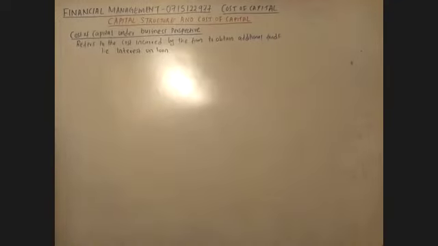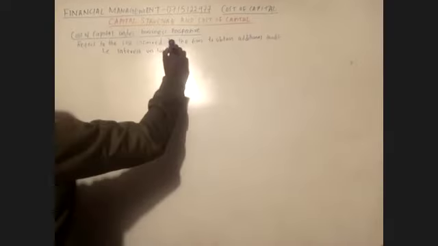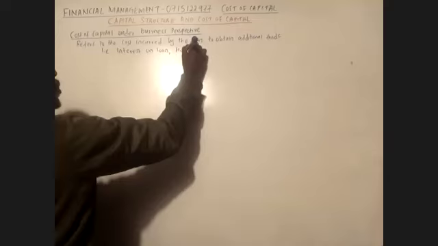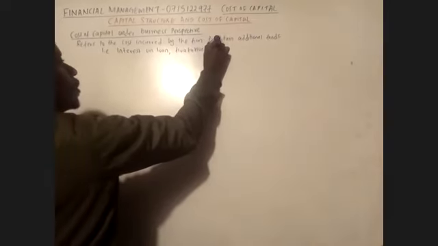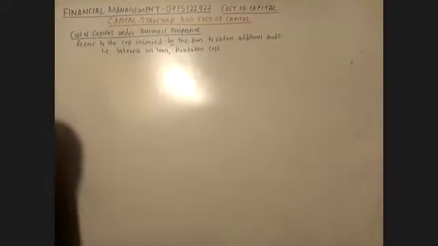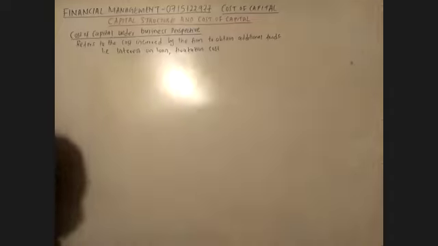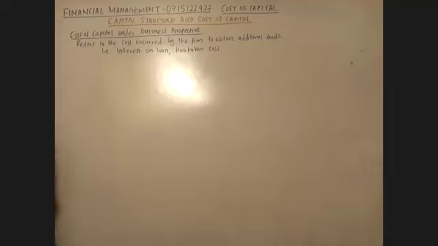It is any cost incurred by the firm. You can also talk about production cost. We shall talk about this one later. Production cost is also a cost which relates to the firm acquiring funds for operations.